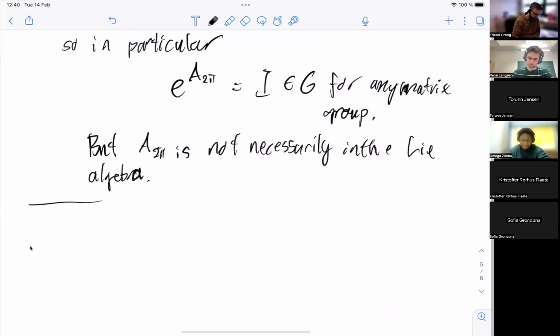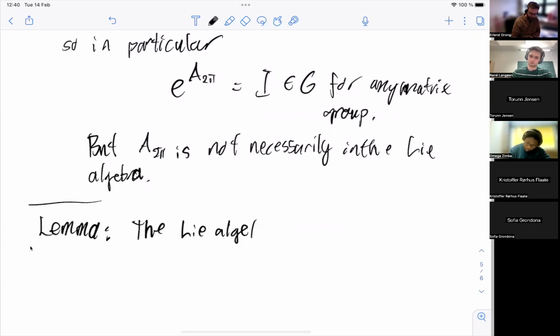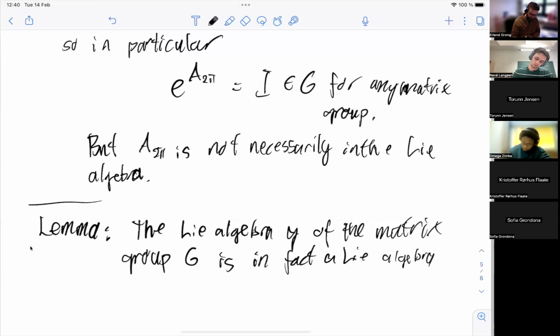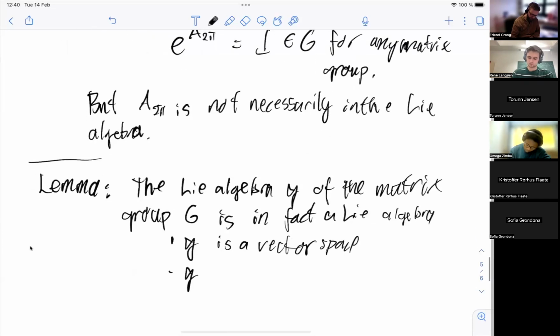So that's the first thing we need to prove, the following lemma: what we've said is that the Lie algebra of the matrix group G is in fact a Lie algebra. That is, it is a vector space, and it is closed under the commutator bracket.